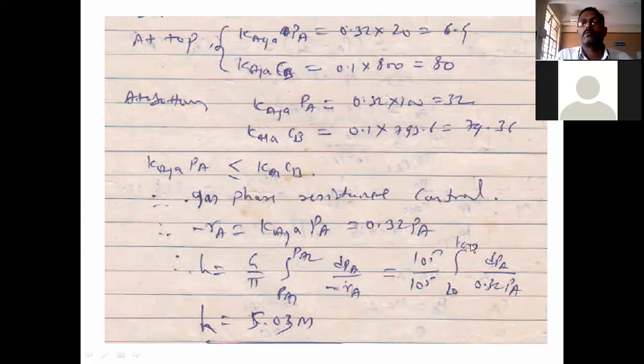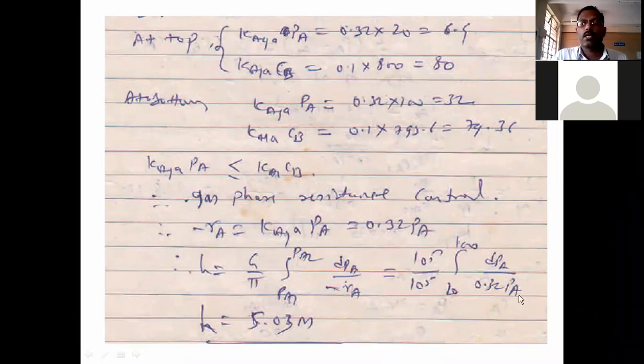It is 100. G we know is 10 raised to 5, pi is also 10 raised to 5. G means the input gas rate. Integration from Pa1 to Pa2 is 20 to 100, then dPa upon minus Ra, which is 0.32 into Pa.